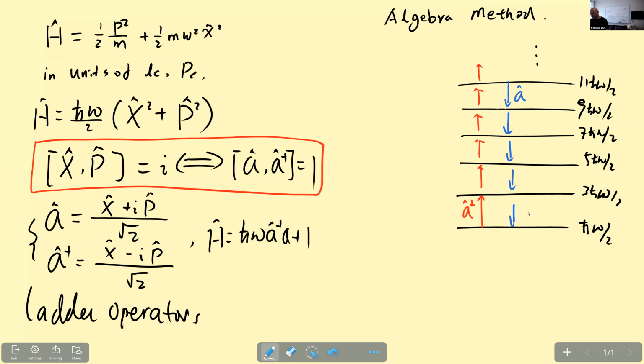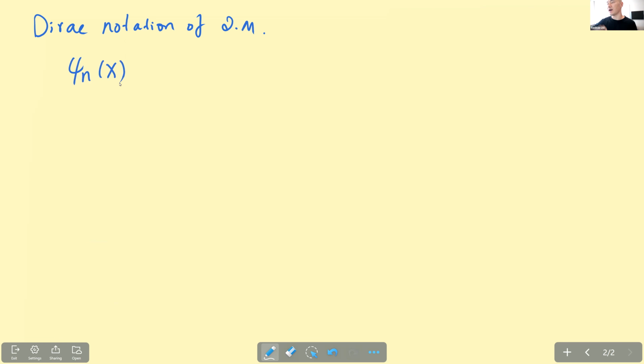We have also learned the matrix form, okay? So to make the expression shorter, let me introduce a new notation, the Dirac notation of quantum mechanics, okay? We have seen that usually we have the states like this one, psi m of x, right?